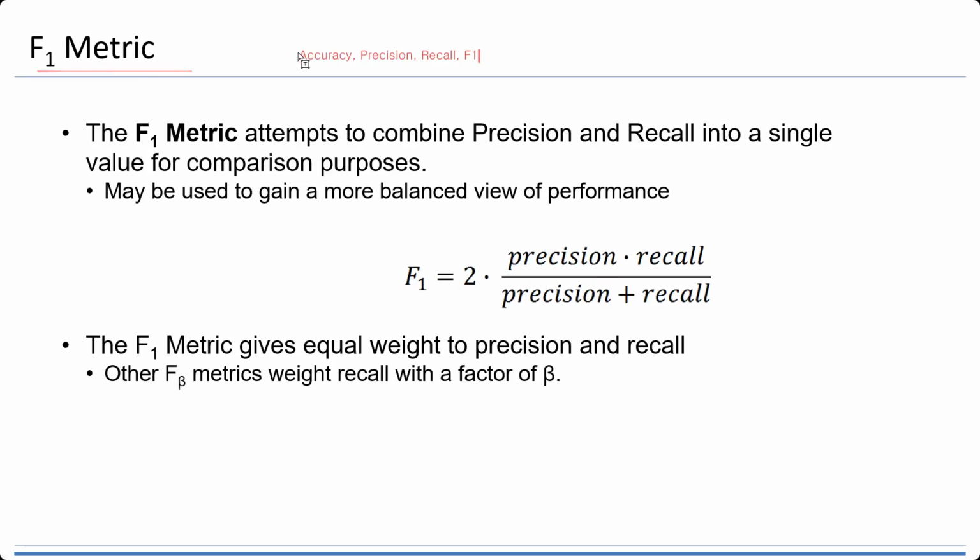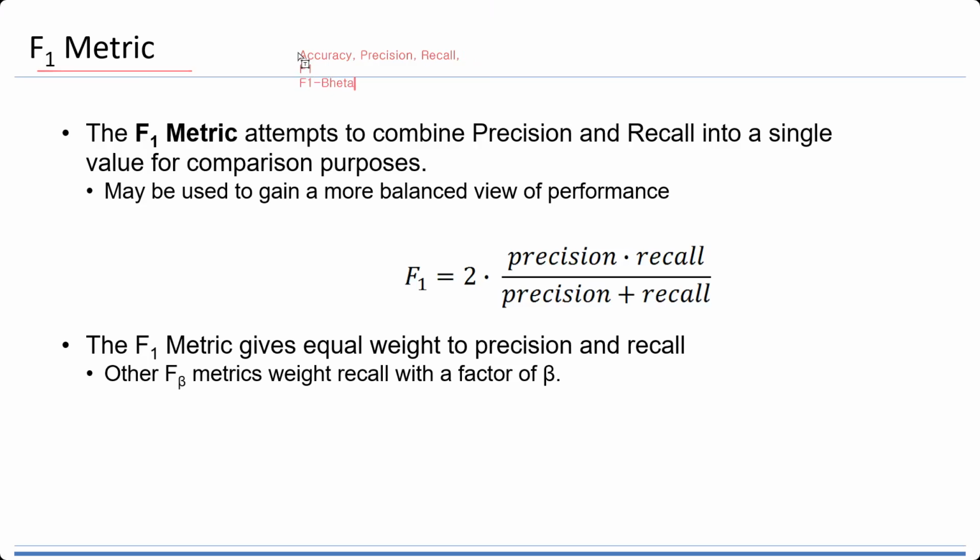So F1 score, actually there are two kinds of F1 score. The first is just a common F1 score, and the other is F1 score beta. So this is the F1 score.